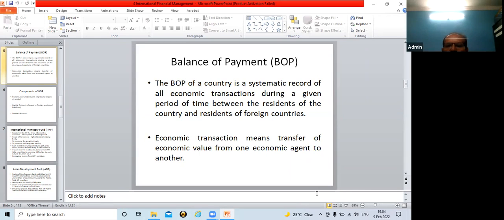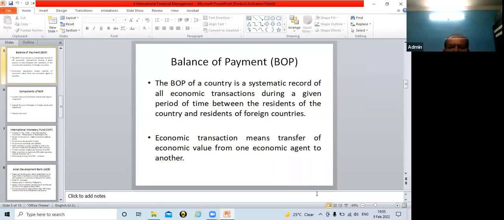So first, let's understand what is balance of payment. You might have heard in newspaper also while reading, if you are reading Economic Times, or watching business news, or maybe in budget also, when budget was presented on 1st of February this year.